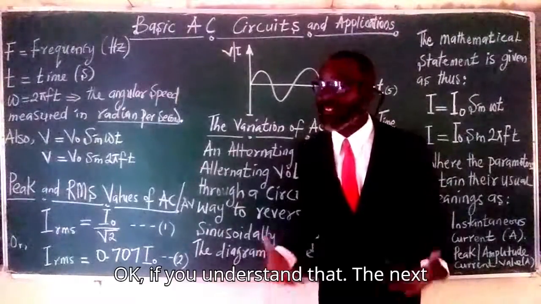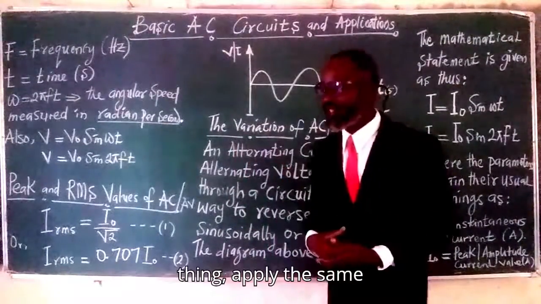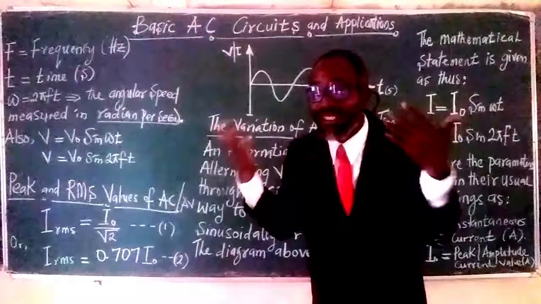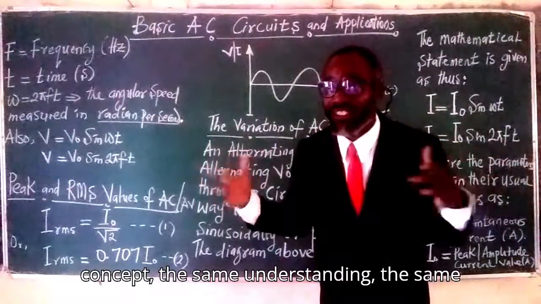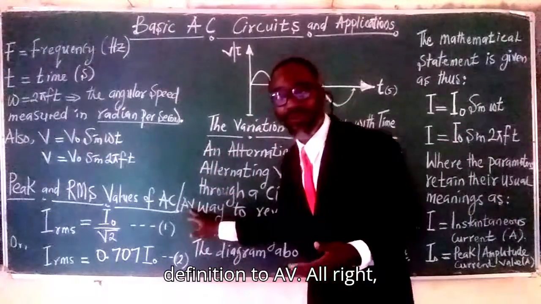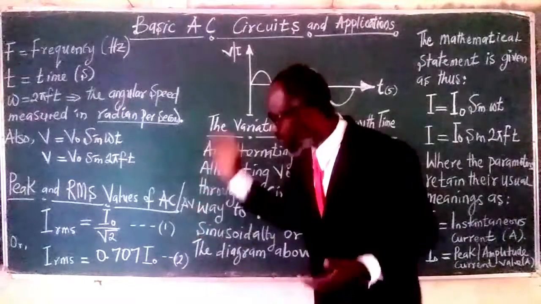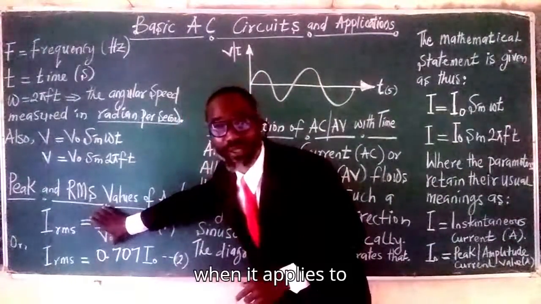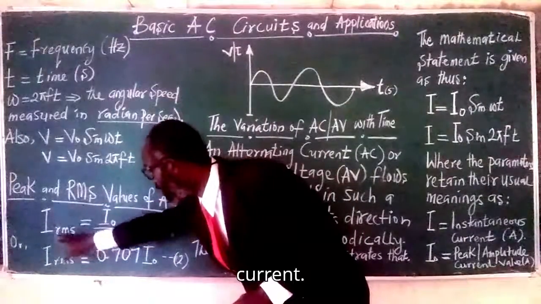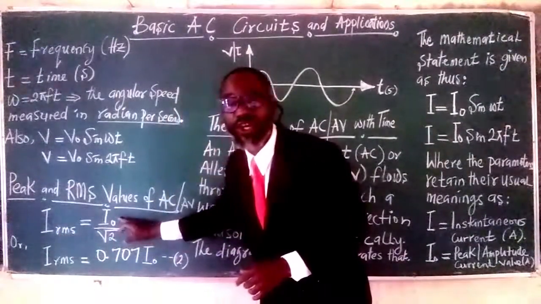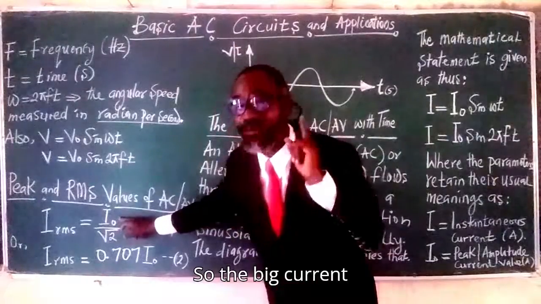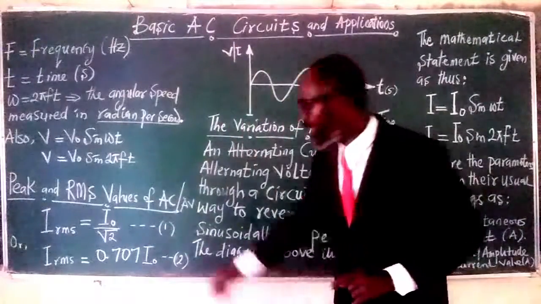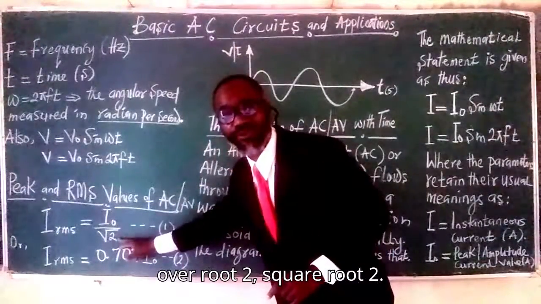If you understand that, the next thing, apply the same concept, the same understanding, the same definition to AV. Good. We take note of this when it applies to current. So the root mean square current value can be calculated when we have the value of I0, which is the peak current, over root 2, square root 2.